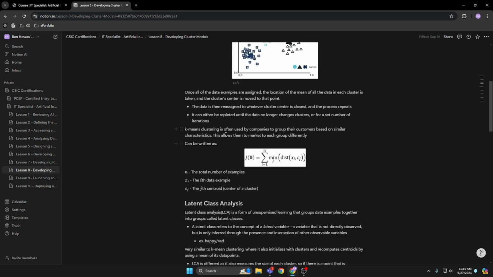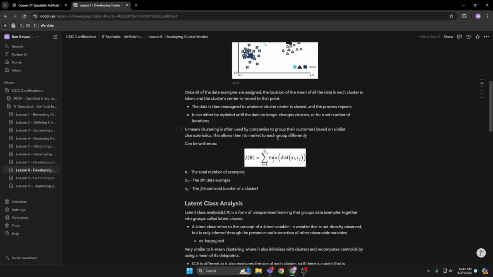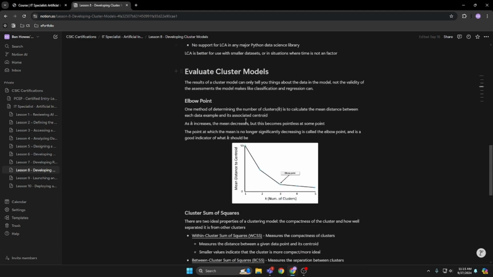It goes over things like how to find the best spot for your centroid, and how to reassess where the centroid should be depending on where your data is. How to find the right number of centroids that you want, which is this elbow point right here, where the more centroids you add, it stops substantially decreasing the average distance that the data points have from the centroid.